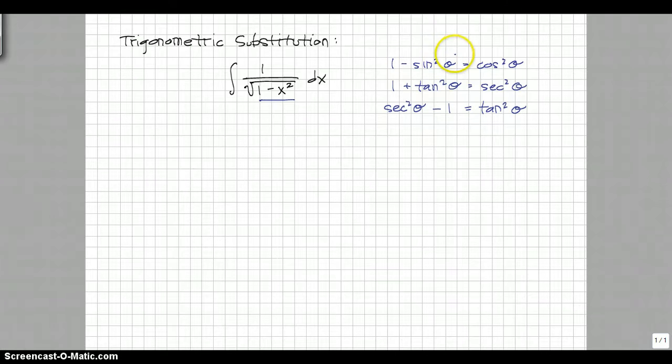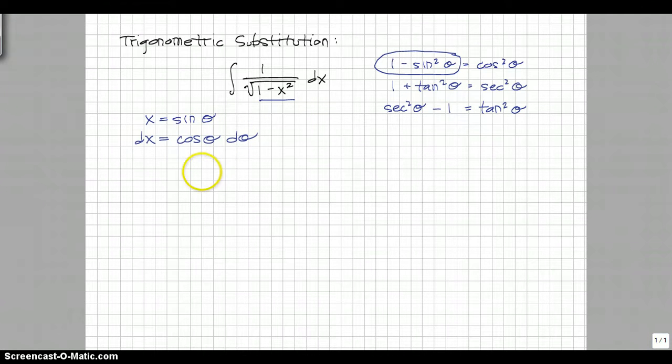And the matching piece from our three Pythagorean identities is 1 minus sine squared theta. So we need to call x something else. We're going to replace x with sine of theta. And when we do that, we need to redefine our differential notation dx as cosine theta d theta.